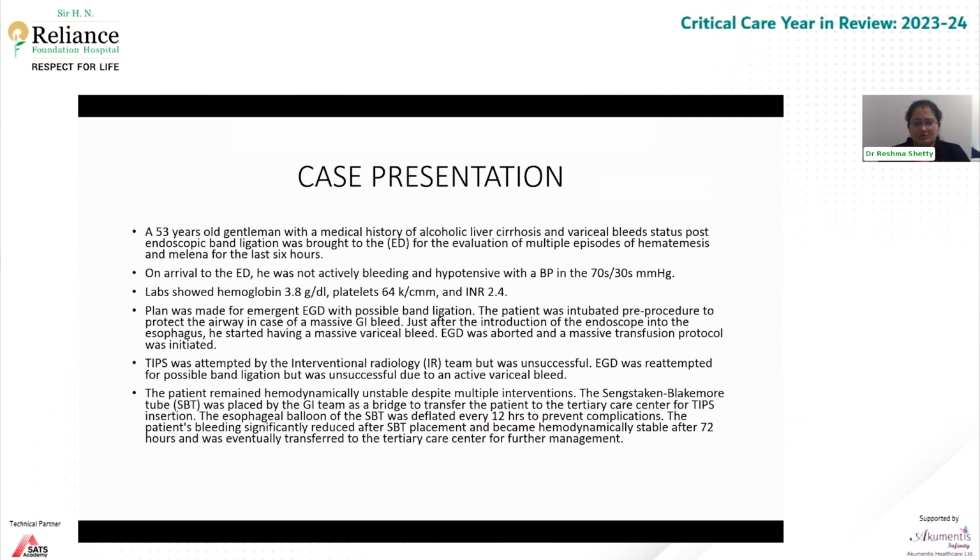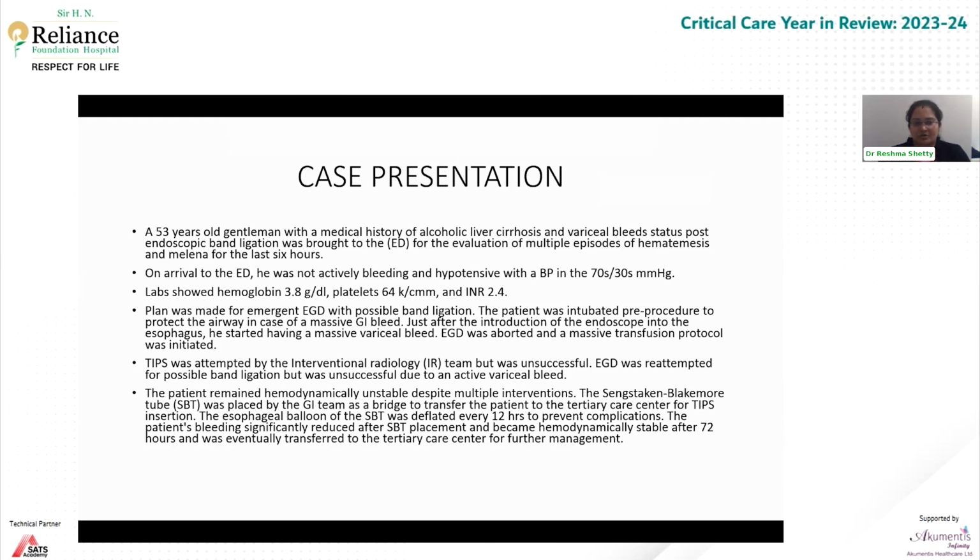So there was this 53-year-old gentleman with a medical history of alcoholic liver cirrhosis and variceal bleed status post endoscopic band ligation. He was brought to the ED for evaluation of multiple episodes of hematemesis and melena for the last 6 hours.